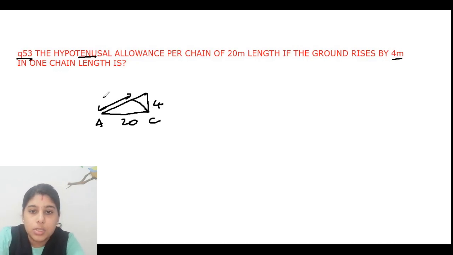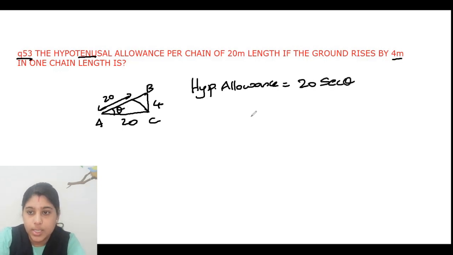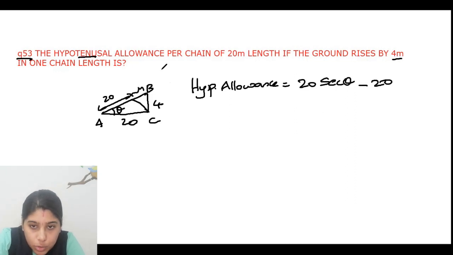Suppose this point is B. So what will our hypotenuse allowance be? If this angle is theta, the total distance is 20 sec theta, minus this 20. This much portion is the hypotenuse allowance.